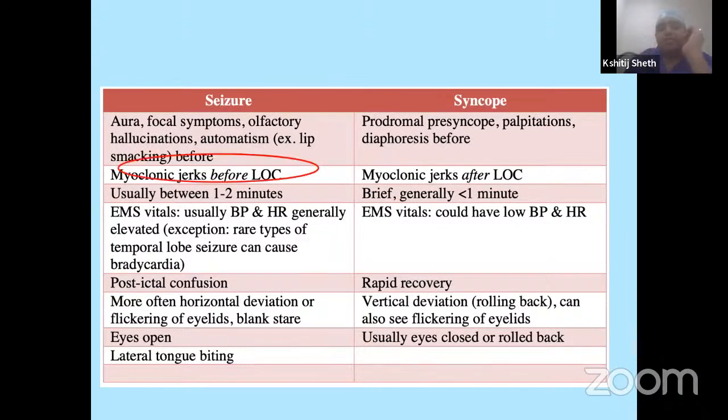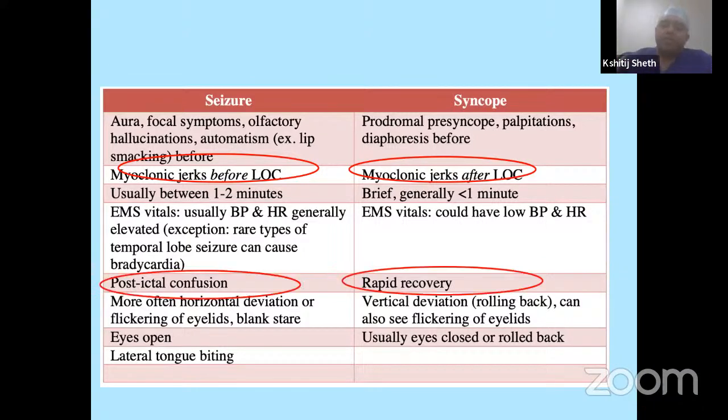So this is how you differentiate the two, syncope versus seizure. In syncope, you sometimes have a jerk just after the syncope, while in seizure, you will have myoclonic jerks prior to the episode. The seizures last for a couple of minutes, while syncope is of very short duration, a few seconds only. And very important to differentiate the two is that syncope patients will recover immediately within a few seconds. They will be back to normal again.